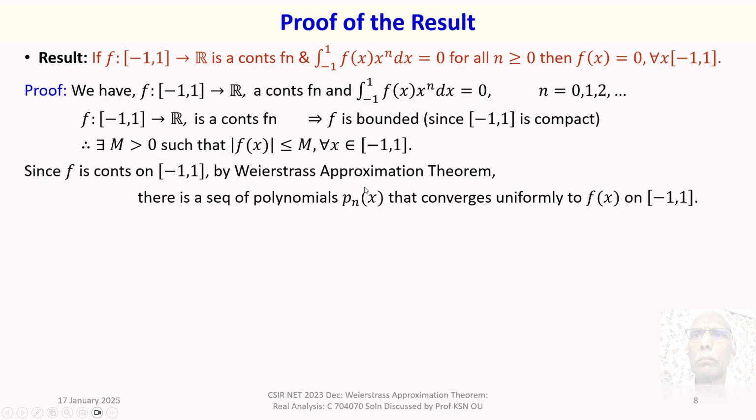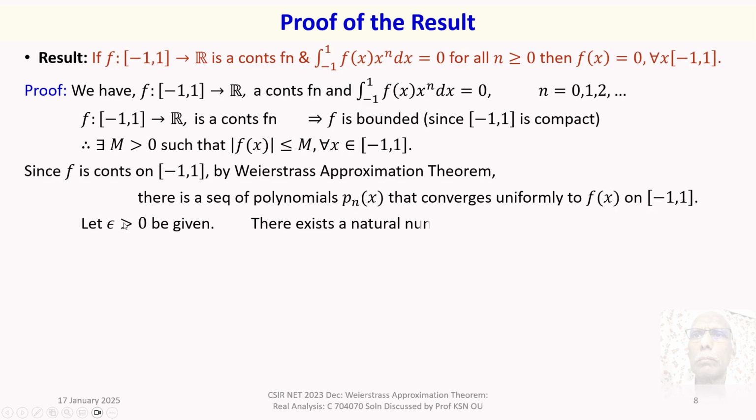What does the Weierstrass Approximation Theorem say? Every continuous function can be approximated by a sequence of polynomials. There is a sequence of polynomials p_n(x) that converges uniformly to f(x) on minus 1 to plus 1.